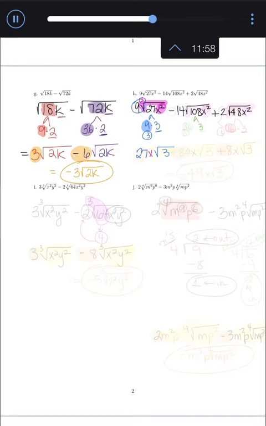Well, 3 goes into 108. Let's see how many times. 3 goes into 108 36 times. So when I take the square root of 36, I get 6.